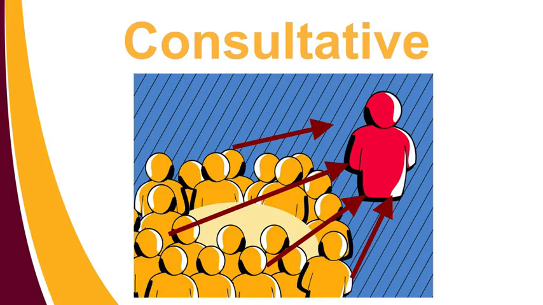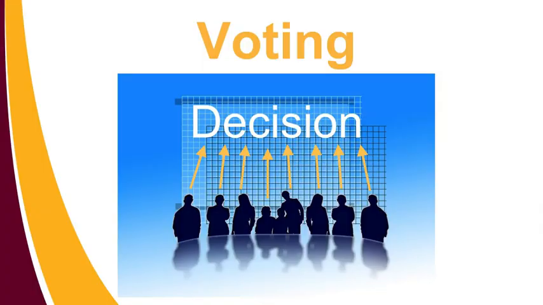The second approach is consultative. In this approach, the leader needs to make a decision and is seeking input from his or her team in order to do so. Another approach is voting, where the purpose of the meeting is to discuss an issue, and then everyone has an opportunity to vote on the decision.